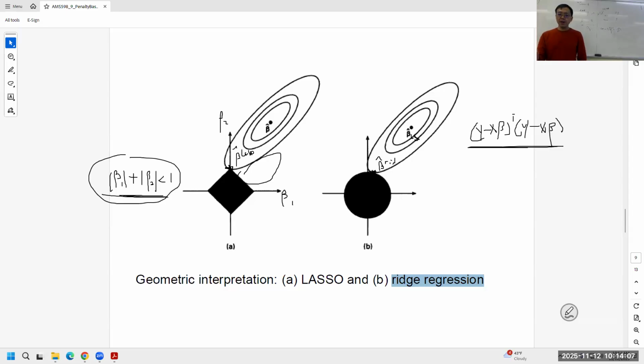Now, when your parameter becomes exactly 0, what does it mean? That means that the coefficient's x will not contribute to your regression, right? If x is not contributing to your model, that is similar to a model selection problem.